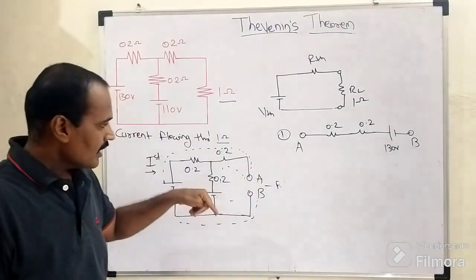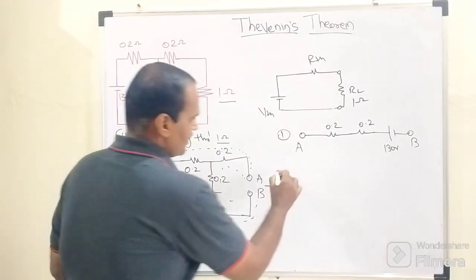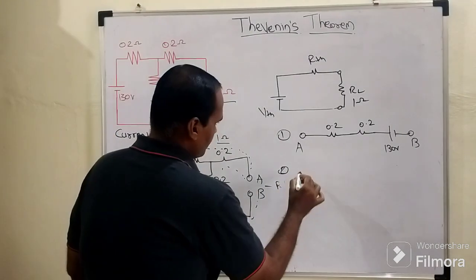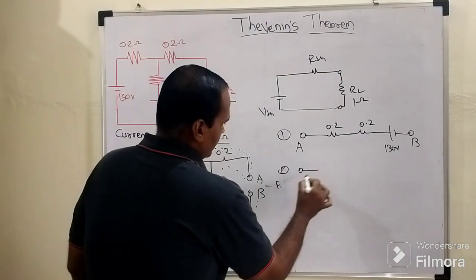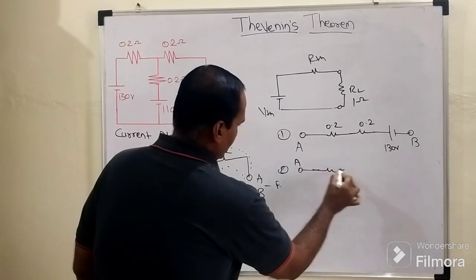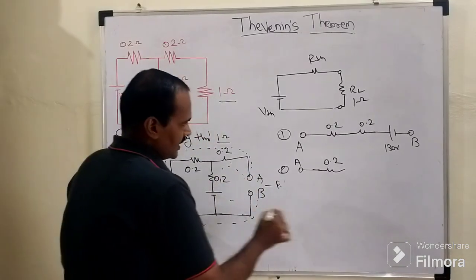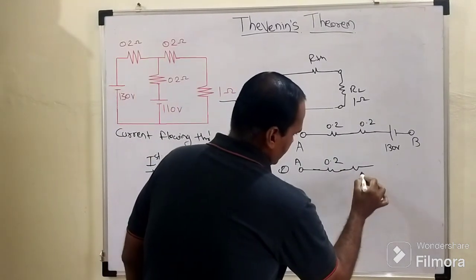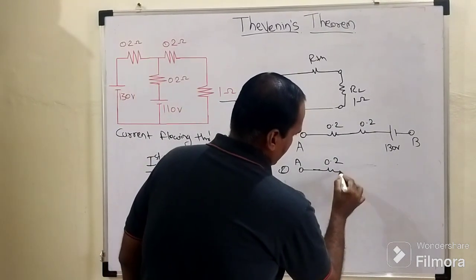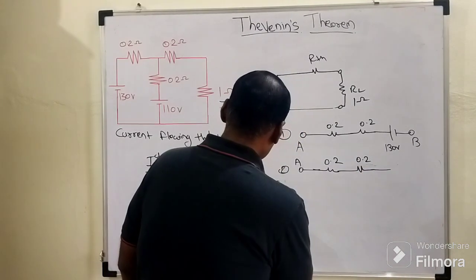At the same time, the innermost conducting path will be the shortest conducting path. Here I will draw the shortest conducting path. When we start our journey at point A, we head through this 0.2 ohm resistor. After that, one more resistor, which I will draw like this, whose value is again 0.2.